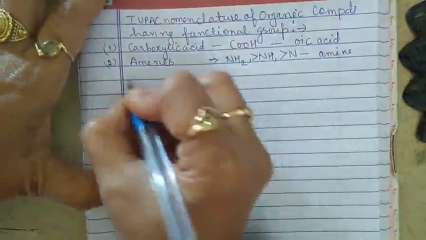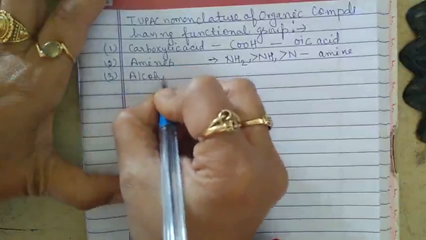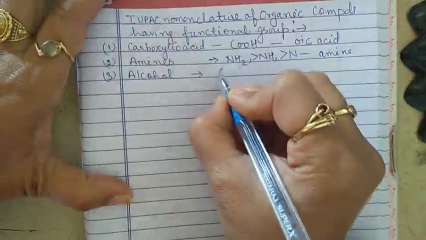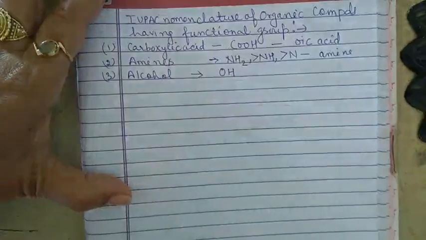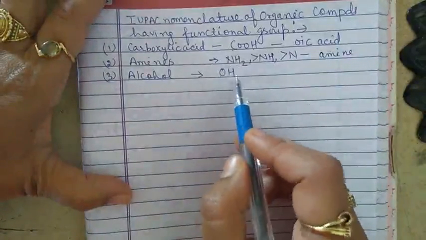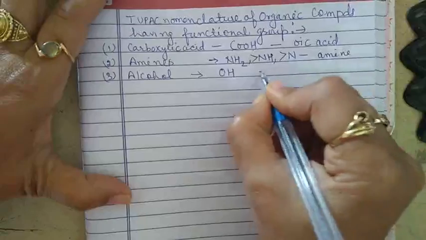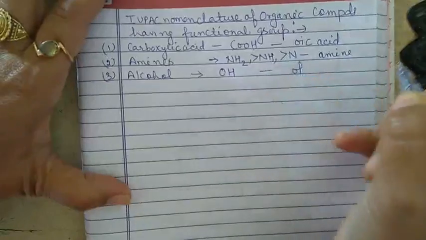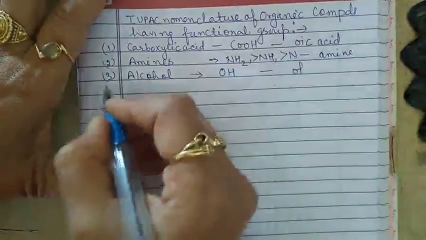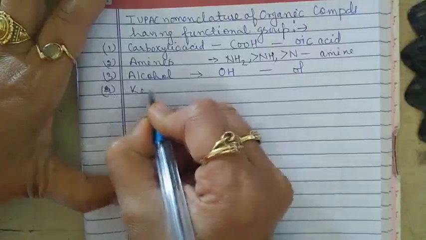Now the third one is the alcohol. If the alcohol is present as a functional group, this is the functional group OH. If the OH is present, it belongs to the alcohol family, and the suffix is ol. Butanol, propanol, pentanol. Now the fourth one is ketones.